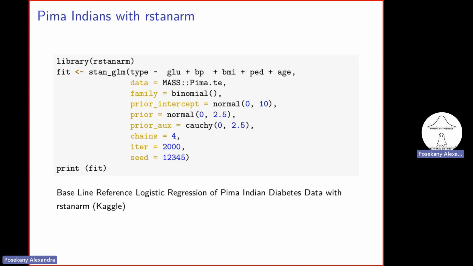So for the intercept, we use a normal distribution with 0 and 10, as opposed to the prior for all the coefficients, which have smaller variance, also centered around 0.